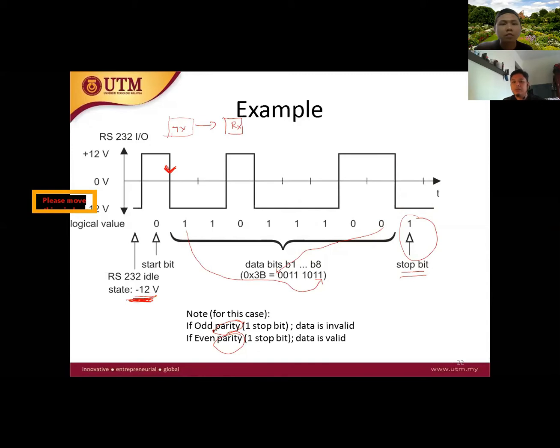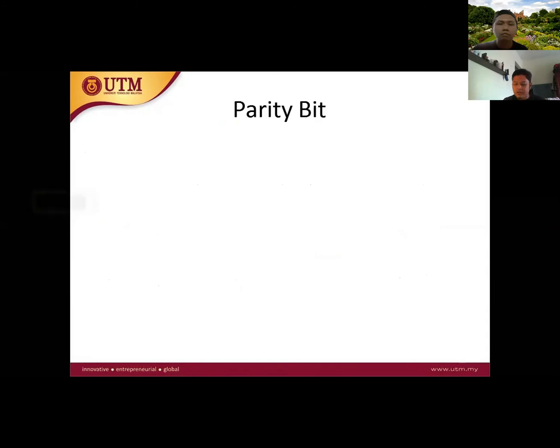For this parity, we set the rule. In your notes it may be slightly different, but that's okay. I will explain. Parity is a concept to detect errors.